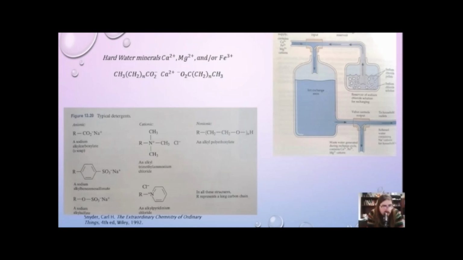Now, the cationic ones, where they use the positively charged ammonium as our ionic head, are actually antiseptics. They can act as germicides. So they will kill bacteria. So these detergents are useful for cleaning things. They're often used in antiseptic soap and in mouthwash.